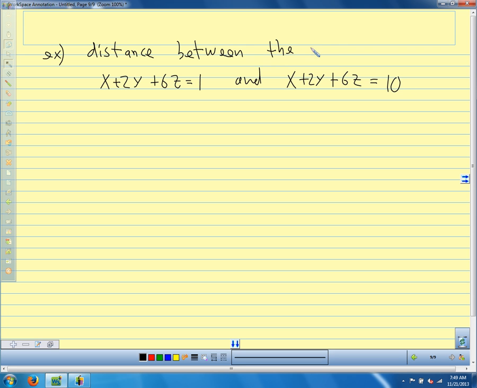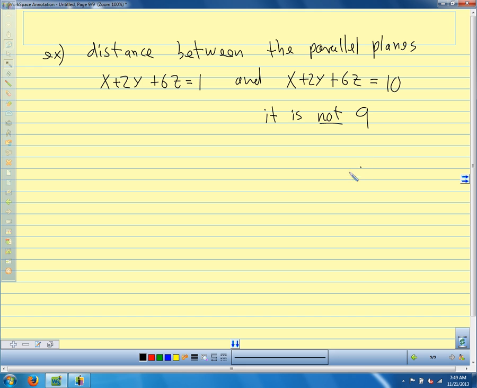And I'm going to give you the distance between these parallel planes. And I'm going to say it is not 9. That's the mistake that students often make with this problem.